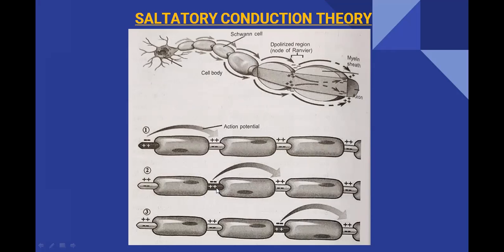They will automatically jump. Saltatory means saltation, which is nothing but jumping. So all the sodium ions which entered the axon hillock region, due to electrical attraction forces, will automatically jump to the first Ranvier node.